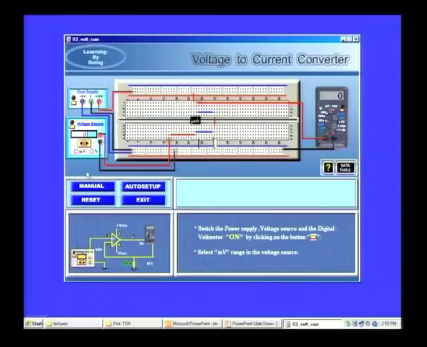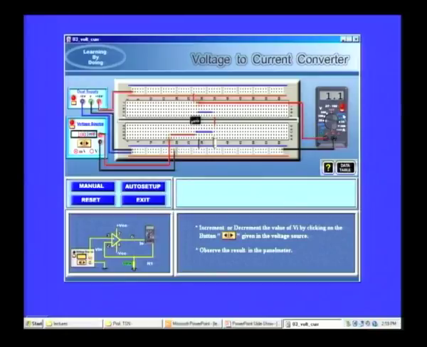Right. Once it is done, let us switch on the power supply and the multimeter, and I give some millivolts. So when I give about 100 millivolt, this resistance is about 10 kilo ohms. So 100 millivolt by 10 kilo ohm should give me about 10 microamperes, or something like that.